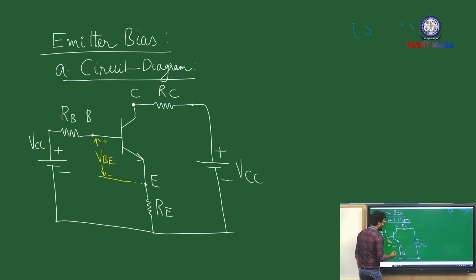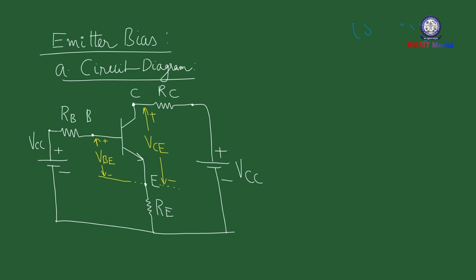And similarly on the output side, you have a terminal voltage between collector and emitter. We will consider it as VCE, upper side positive, lower side negative. Okay, so voltages you have marked.